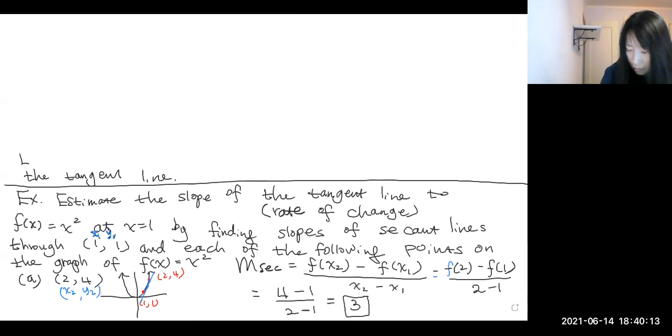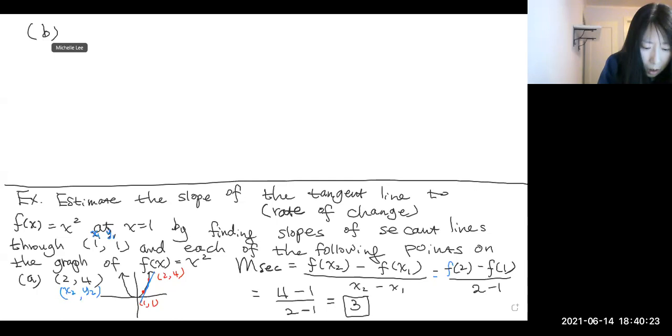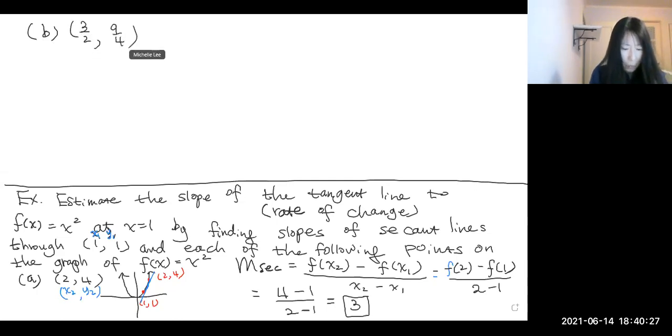So the next point is (3 over 2, 9 over 4).